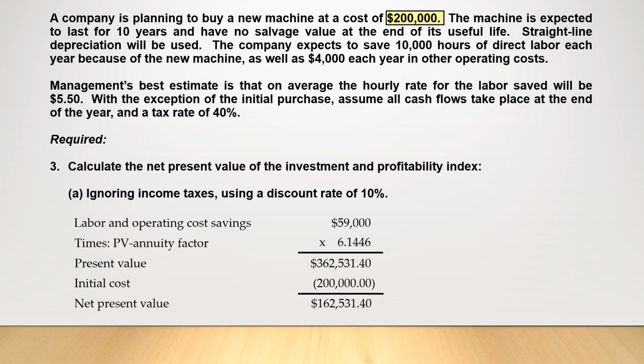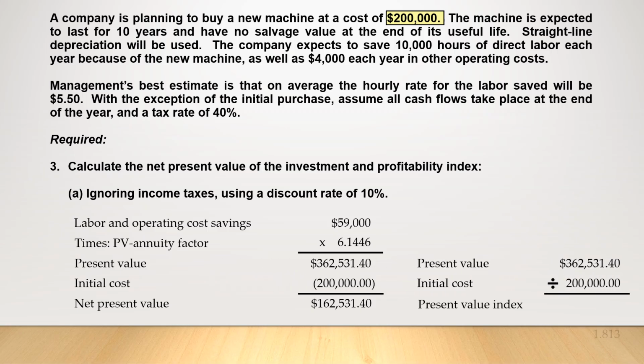To get the profitability index, or present value index as it is sometimes called, divide the present value of the future cash flows by the initial cost. $1.813.